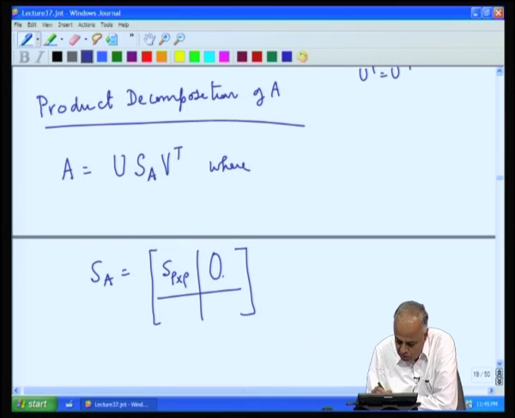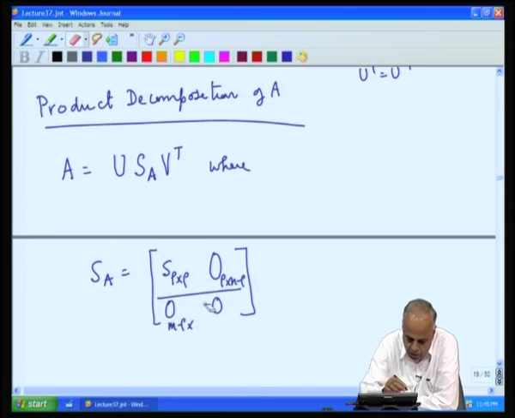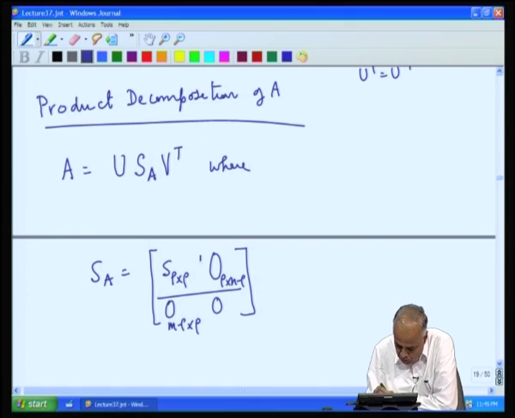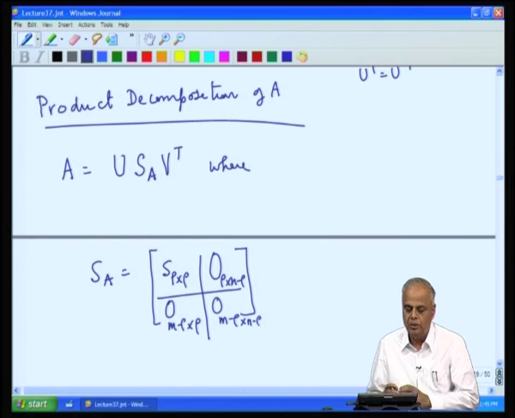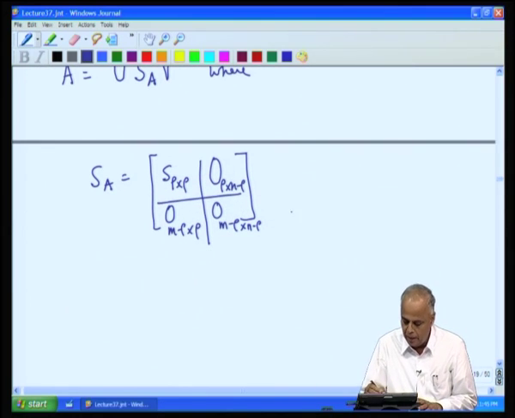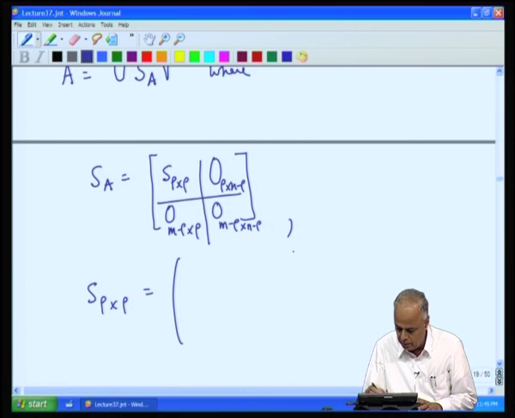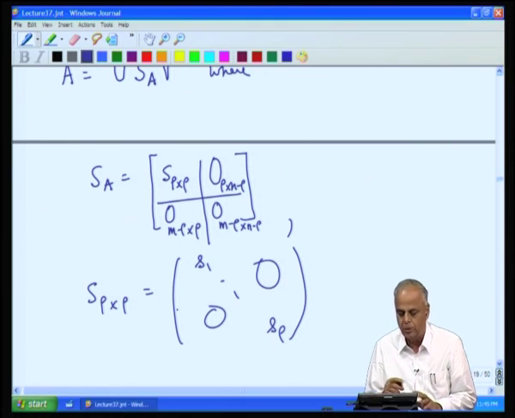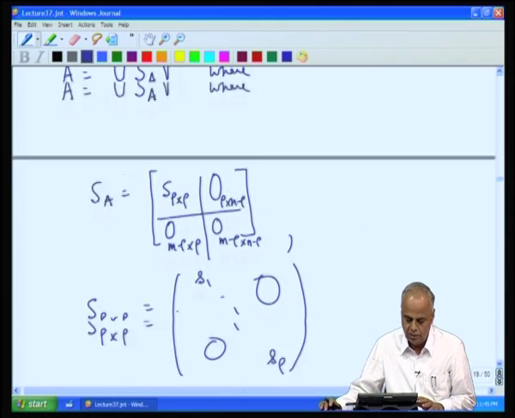The rest of them are 0. This is 0, m minus rho by rho, and this is 0, m minus rho by n minus rho. So, this was in diagonal block, and S rho rho was the diagonal matrix whose diagonal entries were S 1, S 2, S rho, the singular values of the matrix here.